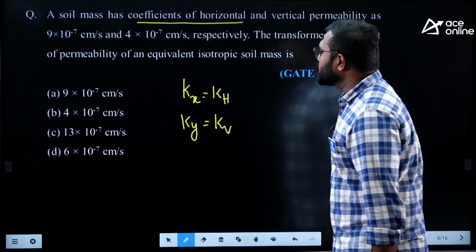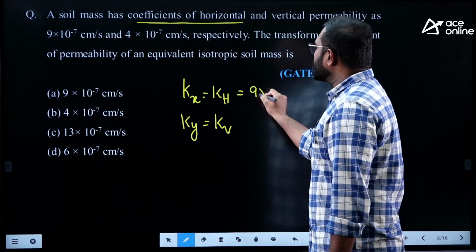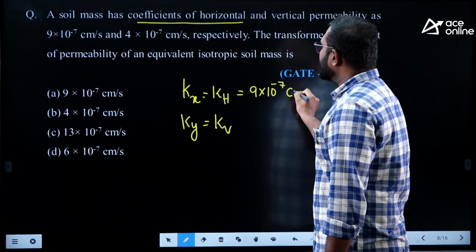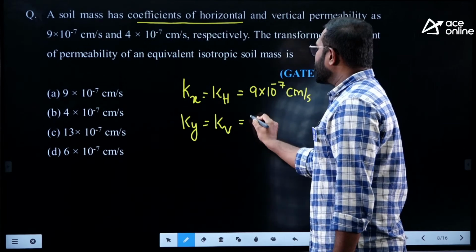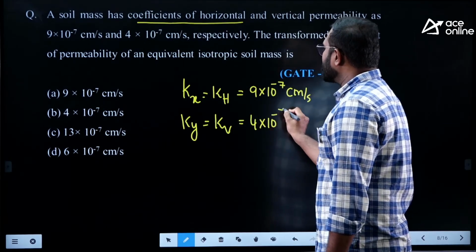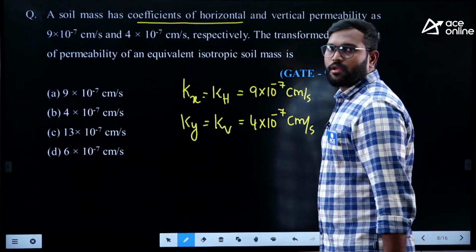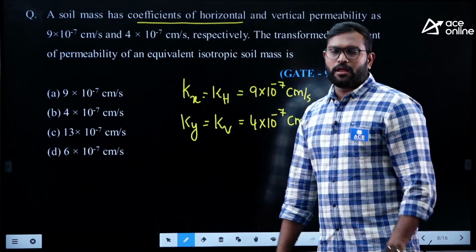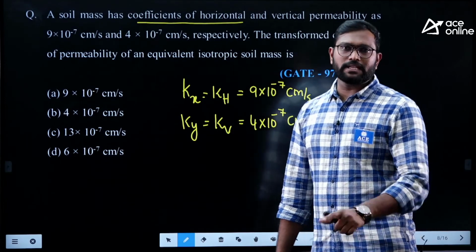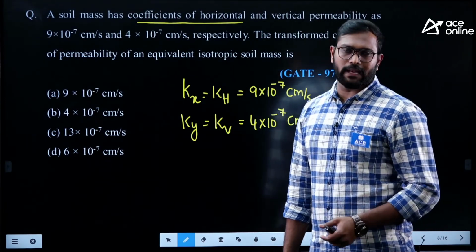Horizontal and vertical permeabilities are 9 into 10 to the power of minus 7 centimeters per second and 4 into 10 to the power of minus 7 centimeters per second. If you get a doubt, you check both permeabilities. I told you the flow parallel to bedding plane, Kx, is always more than the flow perpendicular to the bedding planes.